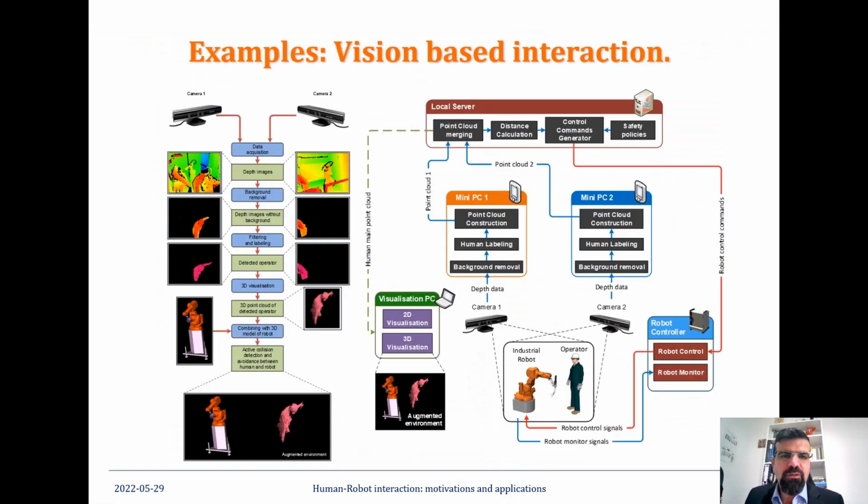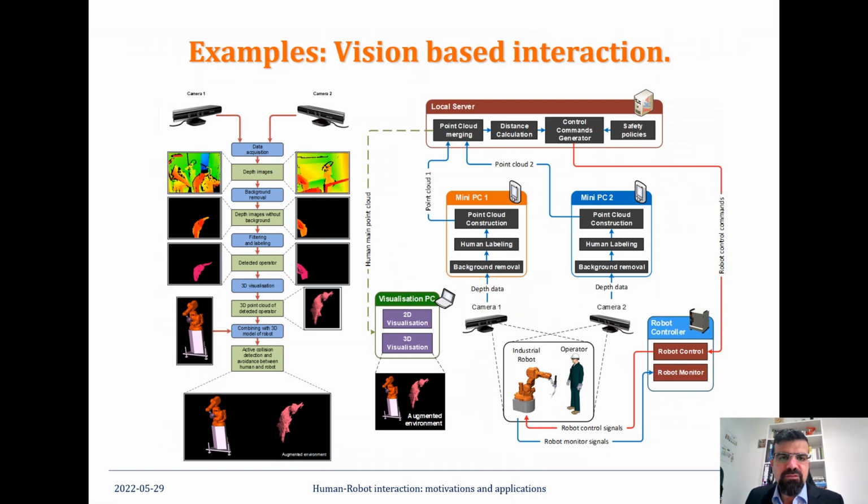Now we move to the first example of interaction between the human and the robot, and in this case it is a vision-based interaction. For this example, depth cameras are used to monitor the human, identify the human location in 3D space, and track the human in real time.